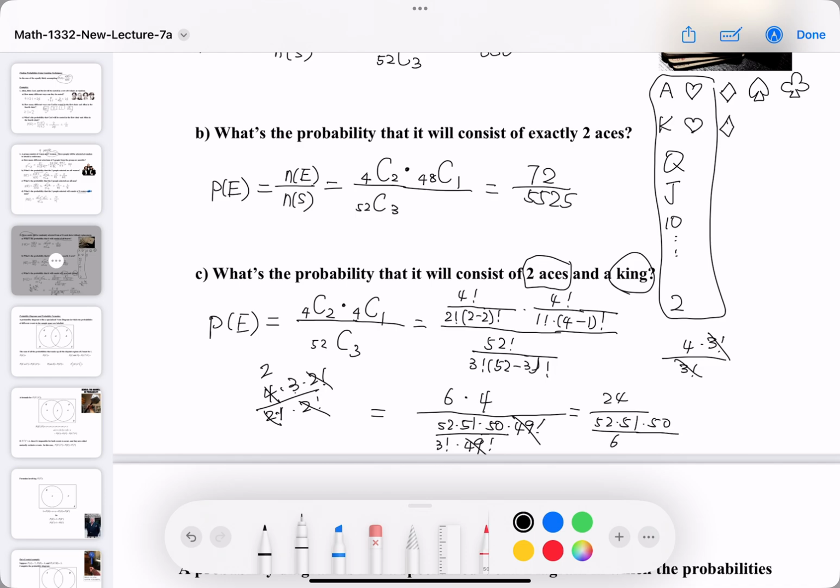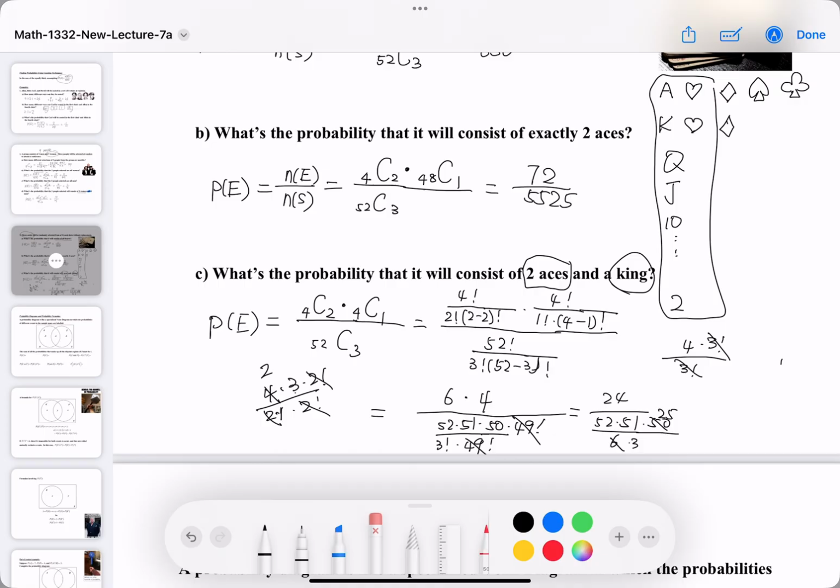Let's see. How about 6 and 50 divisible by 2? 25. And then on the top, we have 3 left. So 52 divided by 3, what is that? Not divisible. Let me use my calculator. 52 divided by 3 is not divisible.